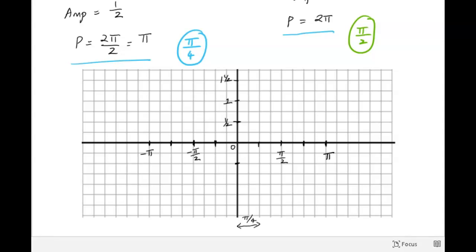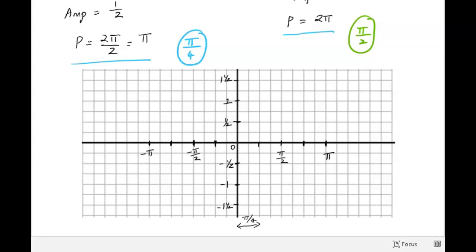Similarly on the bottom, minus half, minus 1, and minus 1.5. That's probably what we need because the amplitudes are 1 and a half. Combined, they could give us a maximum of 1.5 and a minimum of minus 1.5, which is why we've gone to those two values on the y-axis.